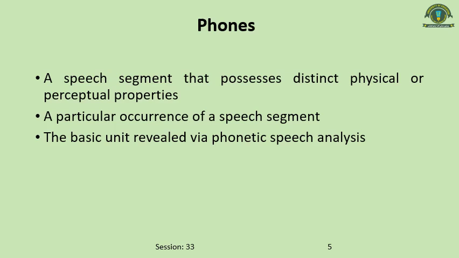We are this time talking about phones, and that's why before talking about phones, I asked you to refer to certain things which we had already done, right? We try to understand the classification of consonant sounds. At the same time, we try to understand what are in fact vowel sounds, right? So this time we are concerned with phones.